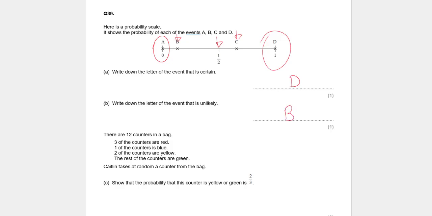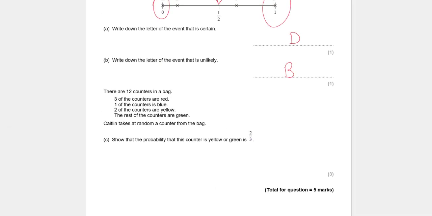There are 12 counters in a bag. 3 of the counters are red, 1 of the counters is blue, 2 of the counters are yellow, the rest of the counters are green. Caitlin takes at random a counter from the bag. Show that the probability that this counter is yellow or green is 2/3. So we have 2 colors here, yellow or green, and we need to show the probability is 2 out of 3.